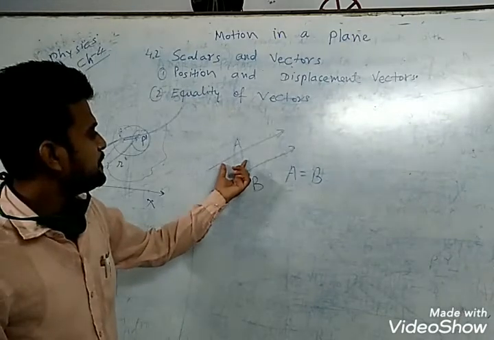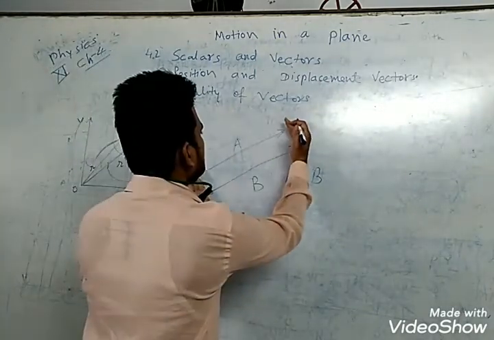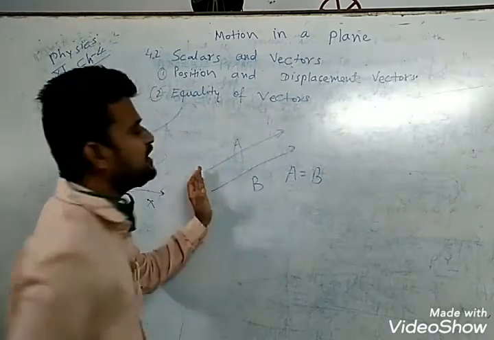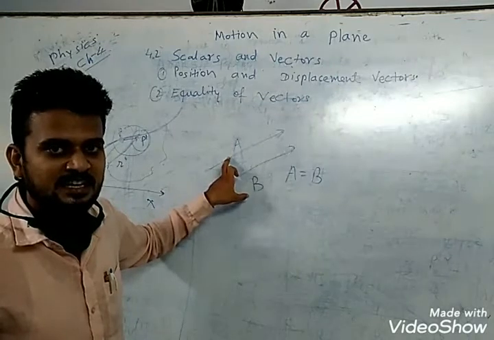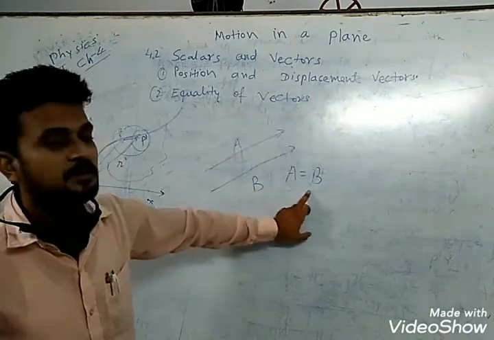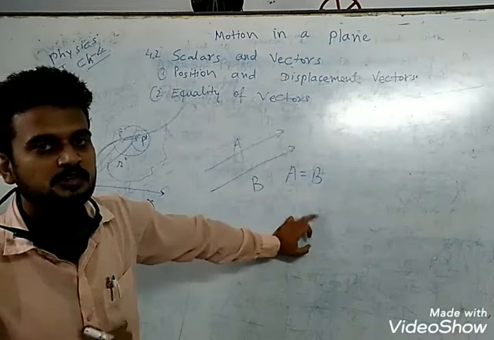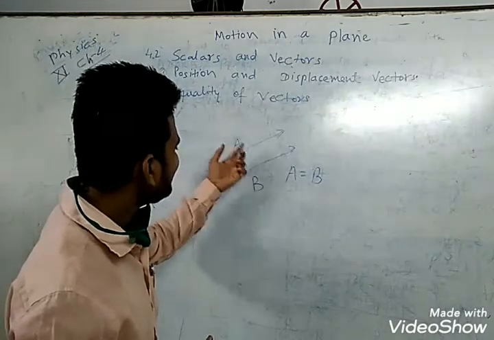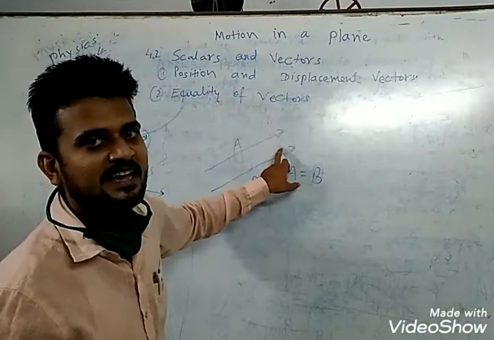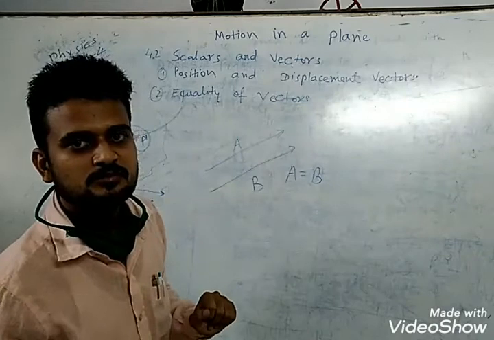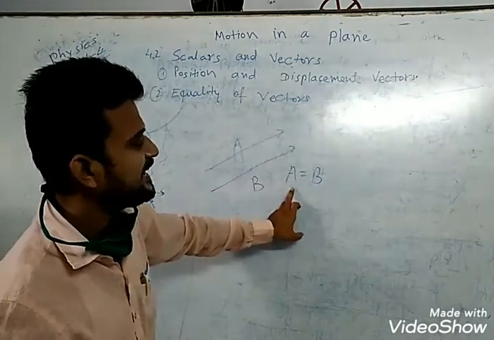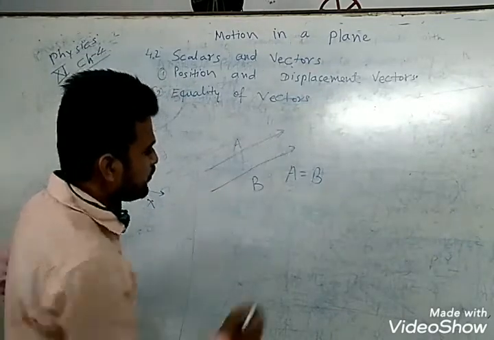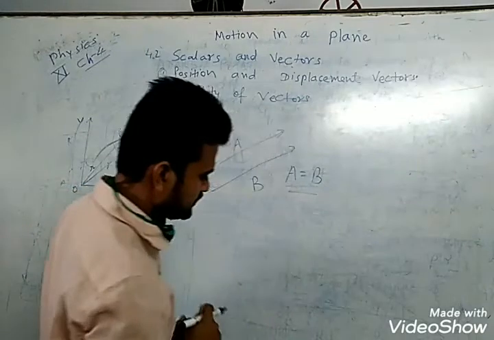The first condition is that the magnitude, the total length of vector A and vector B, is equal. The second condition is that the direction of vectors A and B is the same. So in this case, A is equal to B.